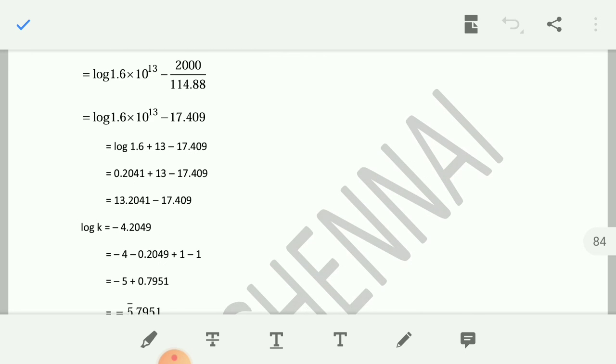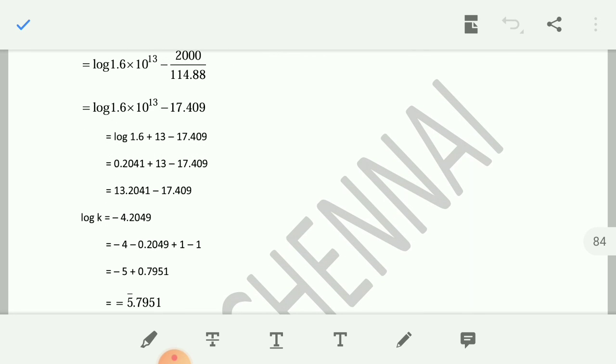So 0.2041 plus 13 gives 13.2041, minus 17.409, we get minus 4.2049. So log k equal to minus 4.2049.